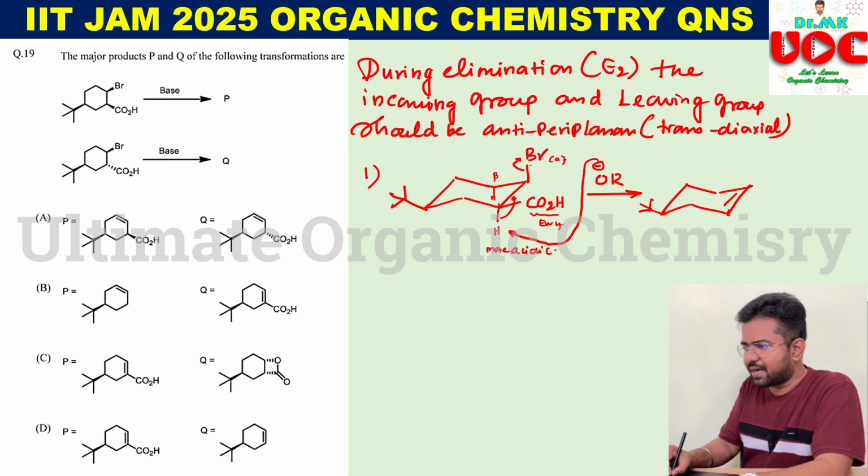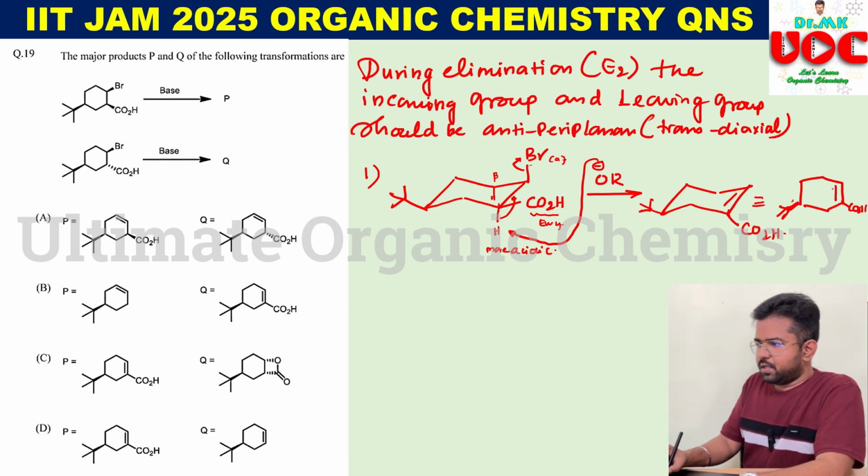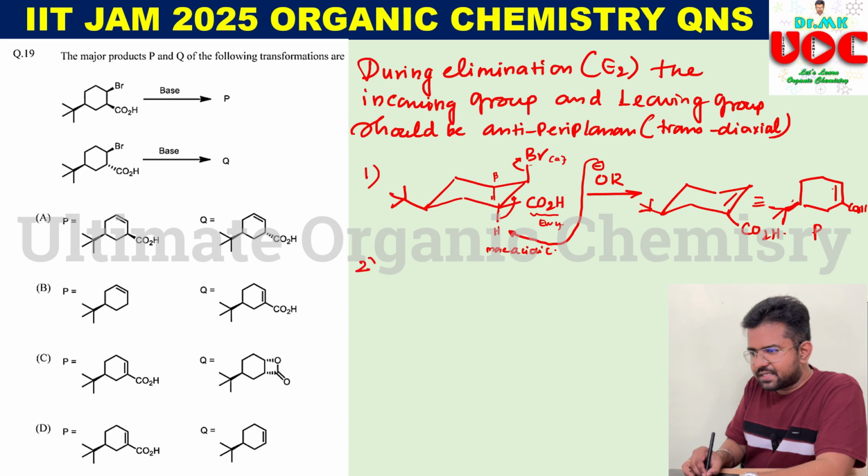And you are going to get an alkene. If you redraw the structure, you are going to get it like this. So this is the structure of compound P. Now let us solve this second case.